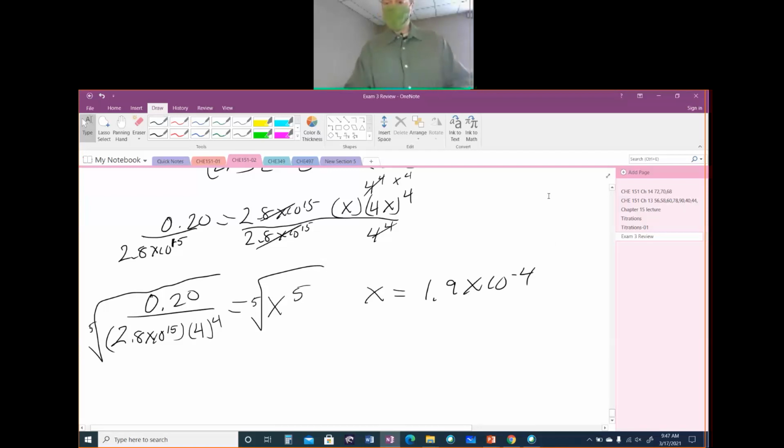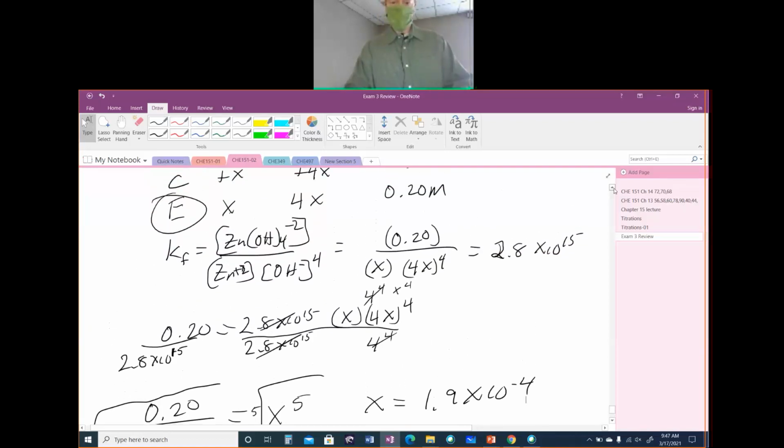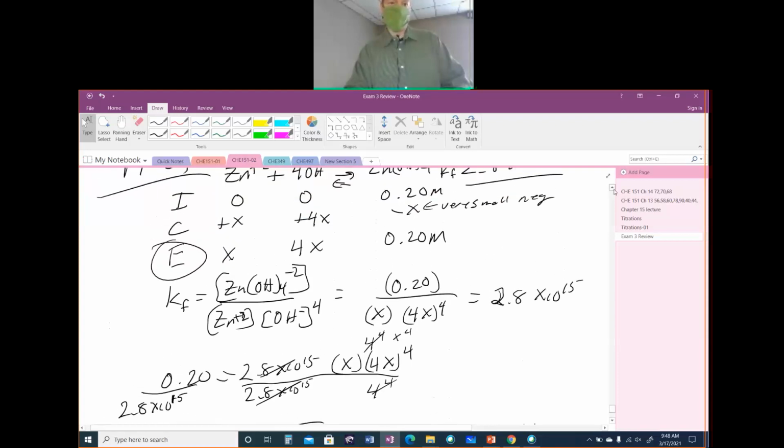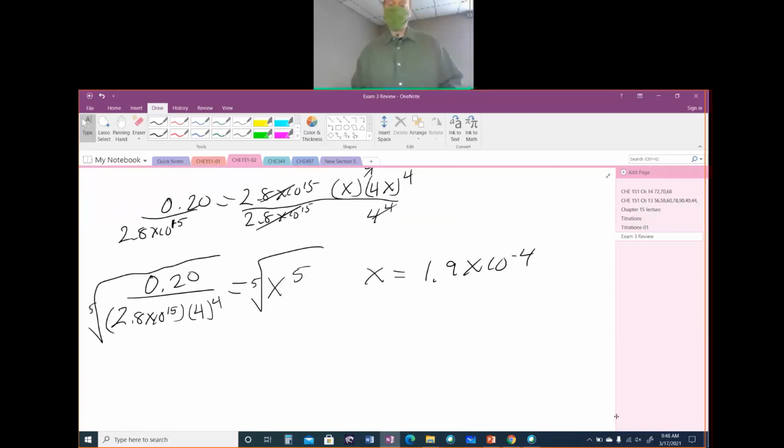All right, and that is my answer. So this is x. And so when I look up here, that x value is the Zn2+. So the question was, what is your concentration of Zn2+ at equilibrium? And that is your x value. It is a small number. It is 1.9 times 10 to the minus 4 molar.